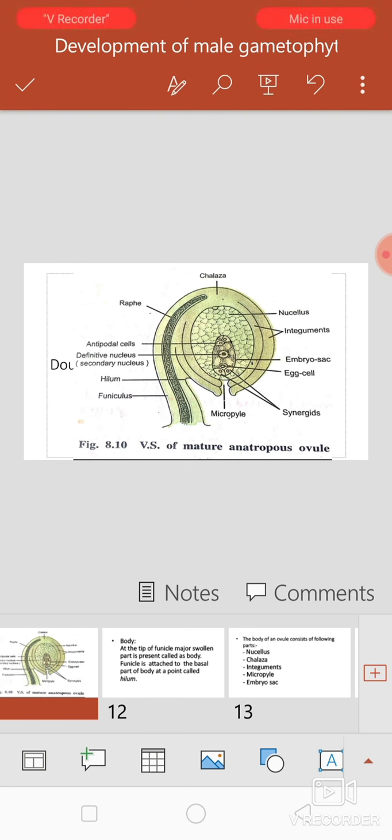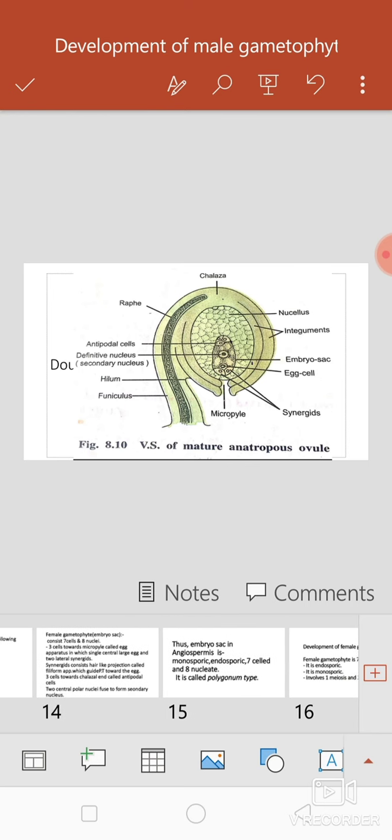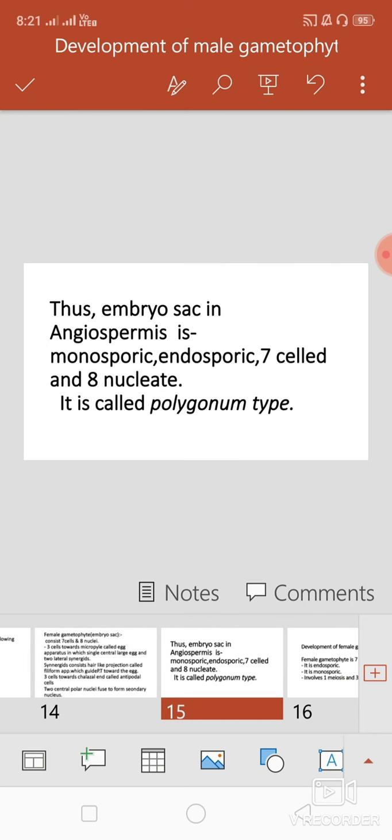That means in angiospermic plants the embryo sac is monosporic, endosporic, 7-celled and 8-nucleated. Such a structure is called polygonum type, right?